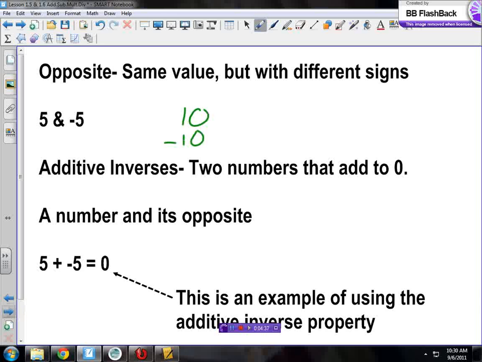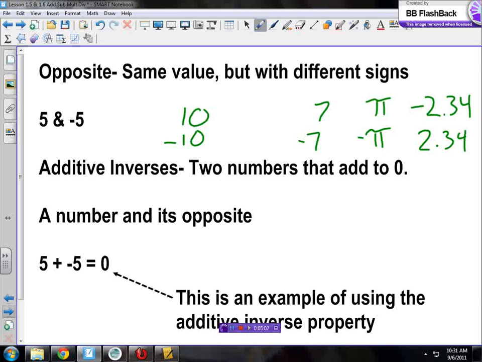What's the opposite of 7? Negative 7. What's the opposite of pi? Negative pi. What's the opposite of negative 2.34? There you go. It's positive 2.34. Opposite signs.